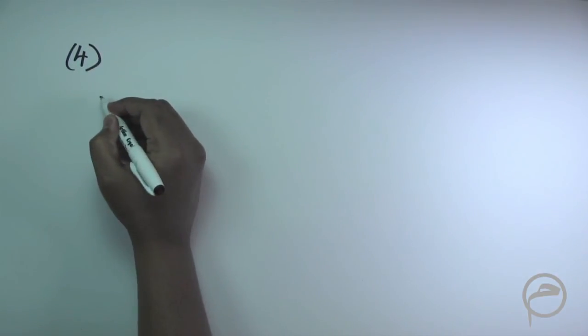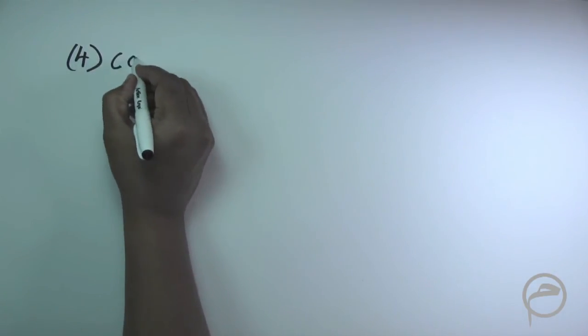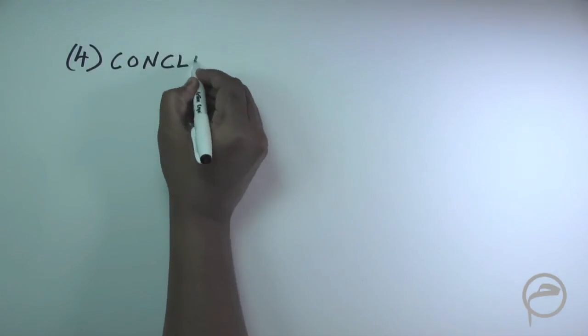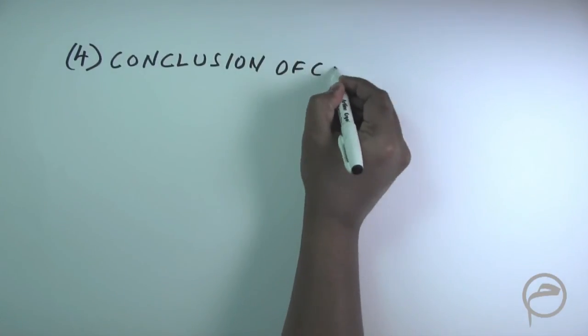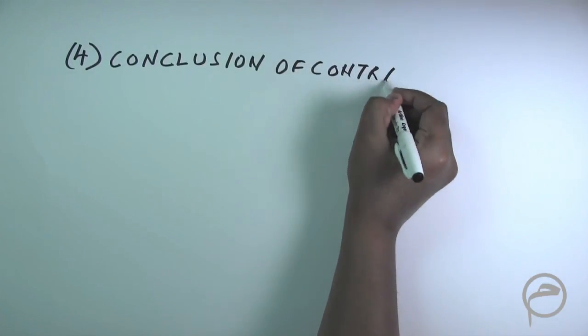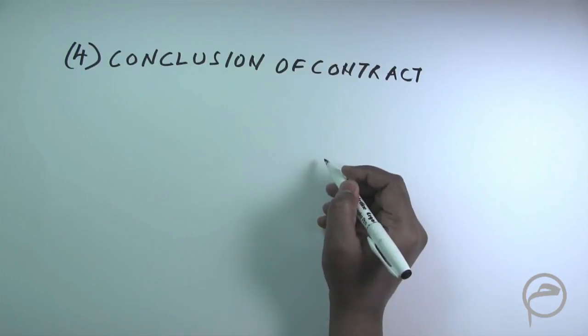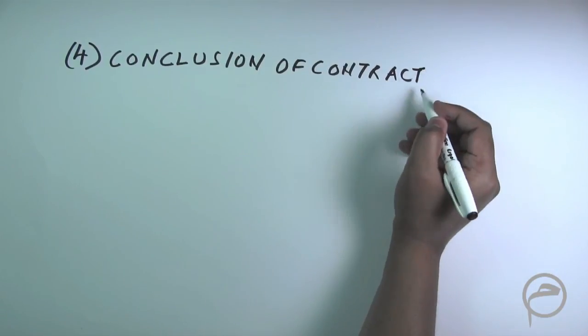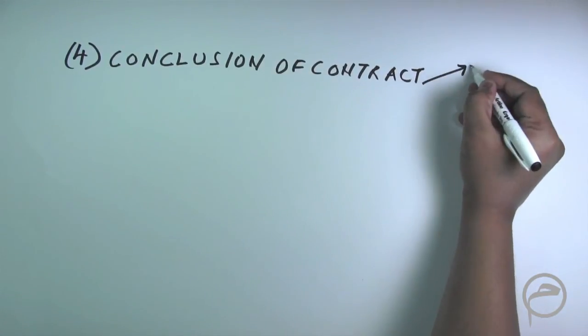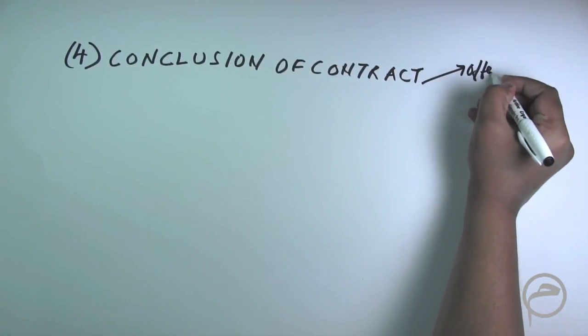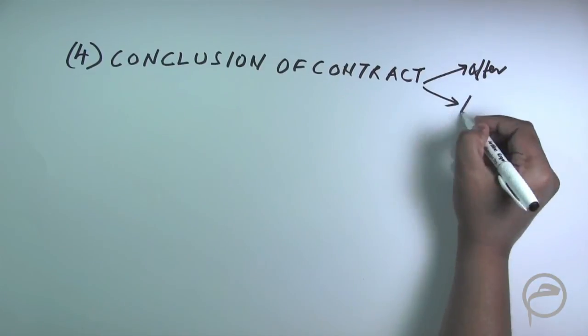Now let us discuss the fourth principle, which is the conclusion of contract. As we have earlier discussed, for a contract to be concluded, there has to be a proper offer and there has to be an acceptance.